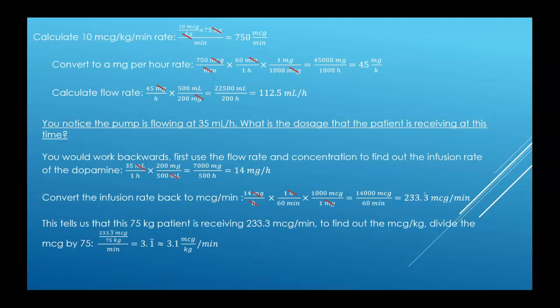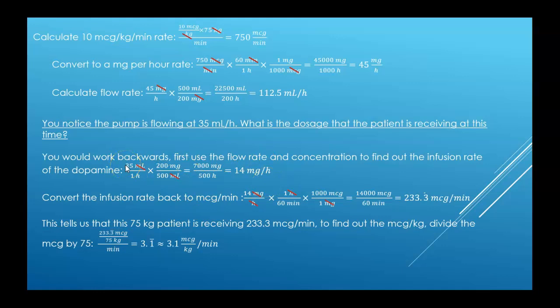So you basically work backwards. We actually did this in the first part of the week 9 lectures for one of the problems there. So here we start with our flow rate. We multiply it by our on hand, but now the on hand is not inverted, to find the D rate.